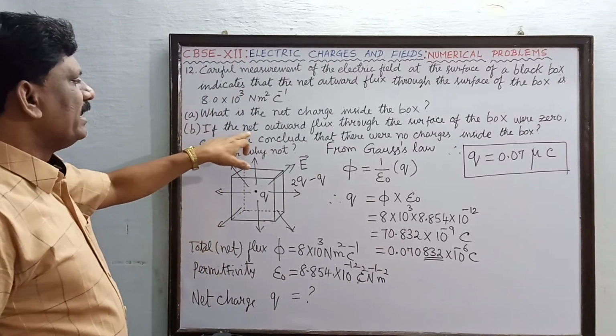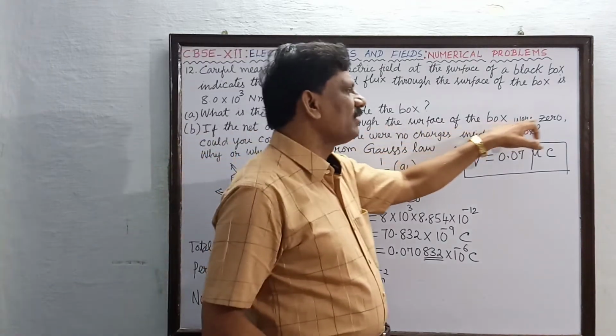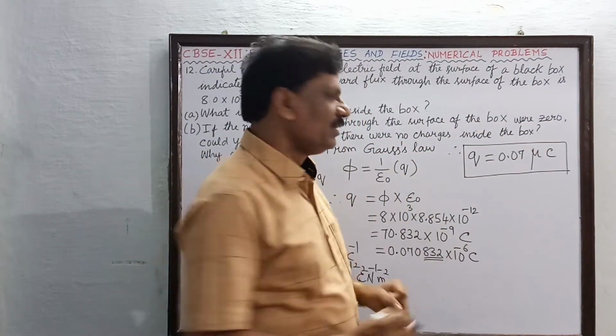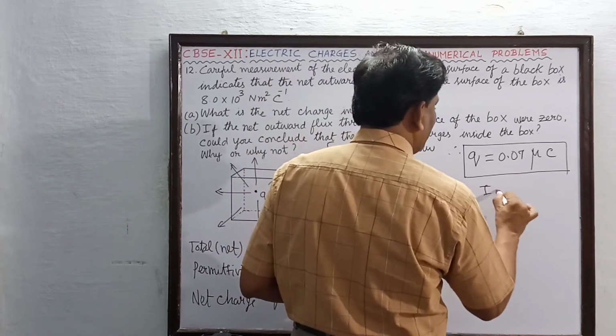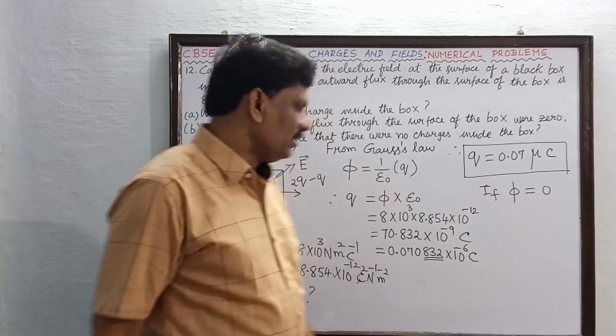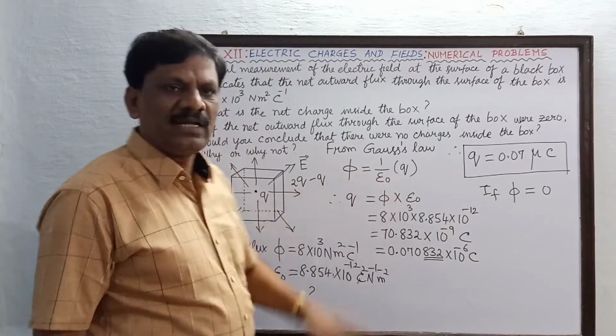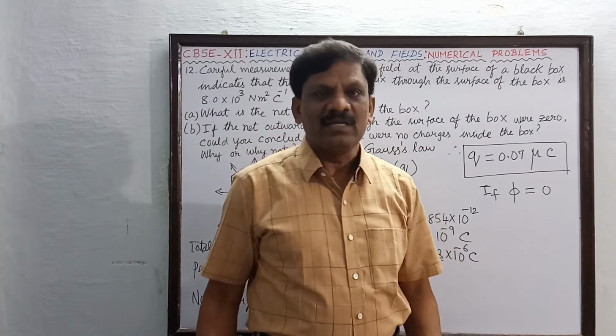If the net outward flux through the surface of the box were 0, that means what? If flux is equal to 0, then the right side also should be 0, or not? Then only it is possible.